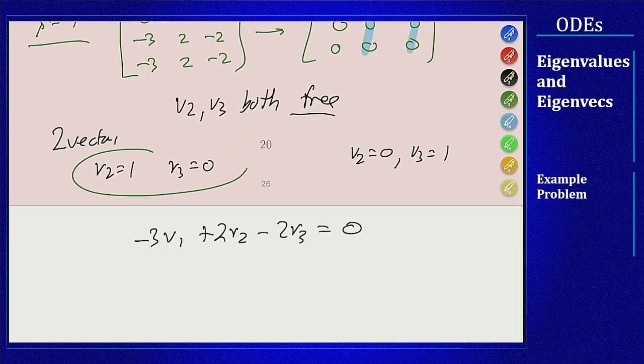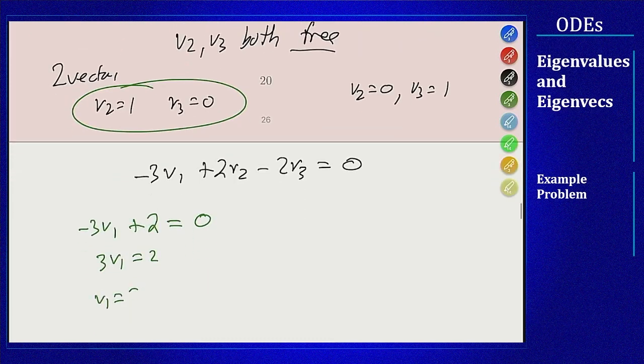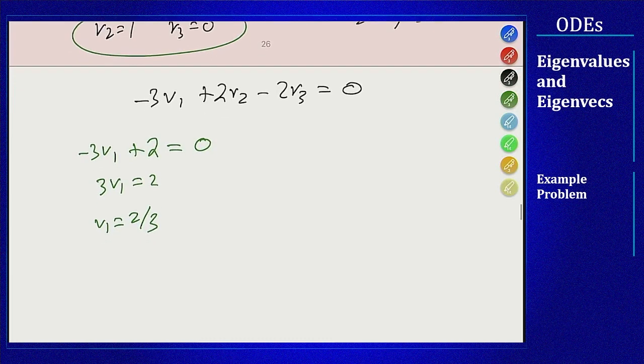So in case 1 over here, where v2 is 1 and v3 is 0, this says that -3v1 plus 2 equals 0, 3v1 equals 2, v1 equals 2/3, giving rise to an eigenvector here of 2/3, 1, 0.